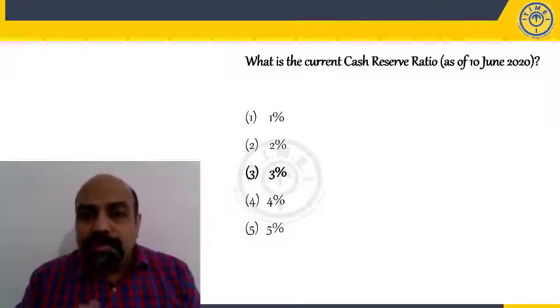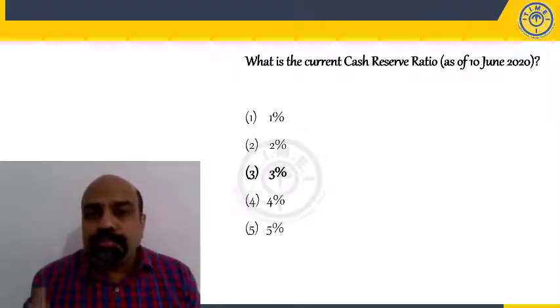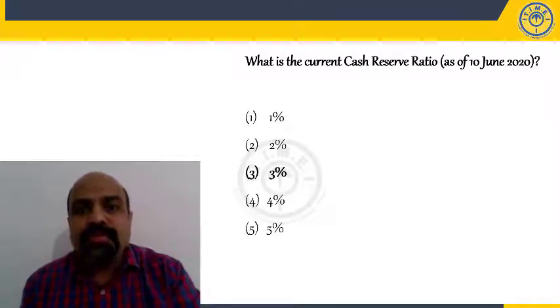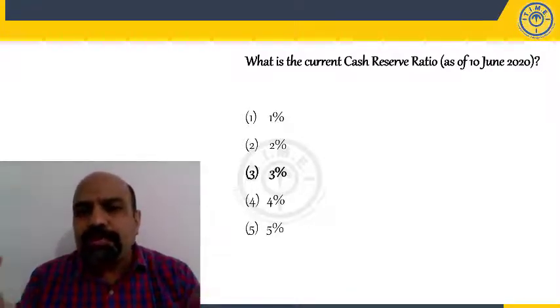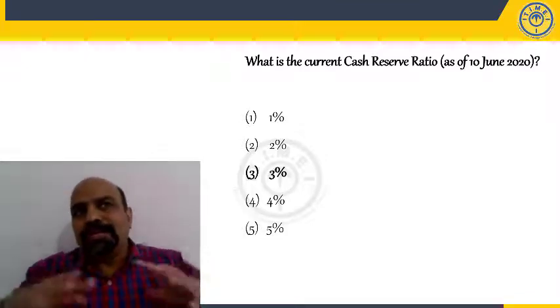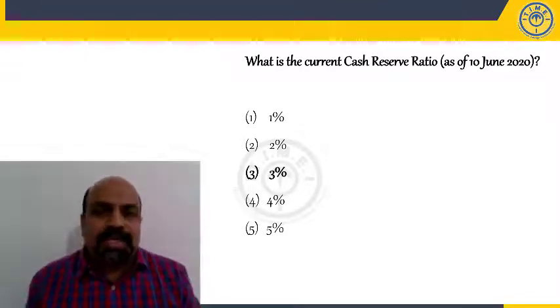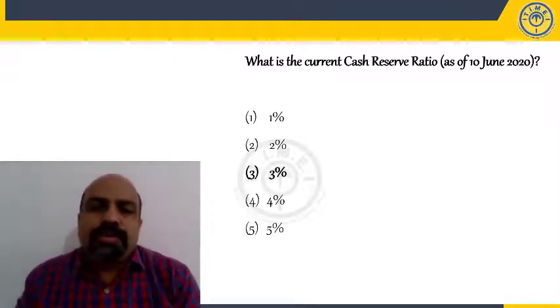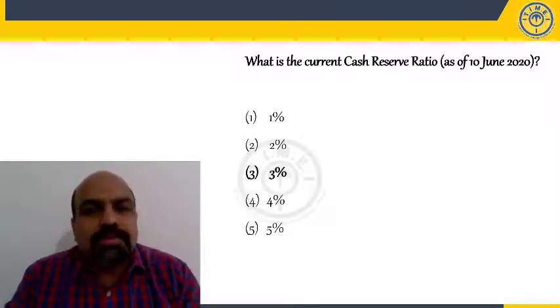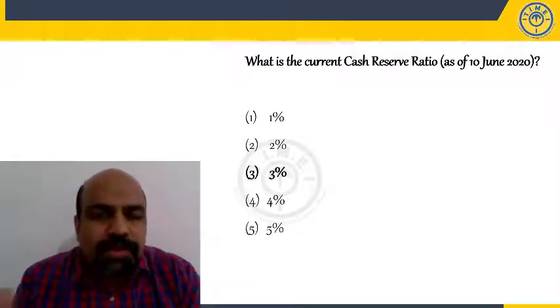I am raising this to 3.25%, which means you have to keep more money with me, 0.25% more. Now, given the amount of money supply in the economy, today 0.25% roughly equals more than 25,000 crore.